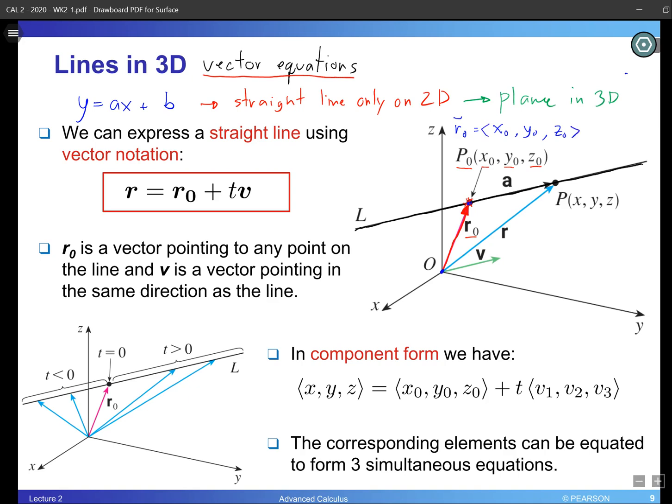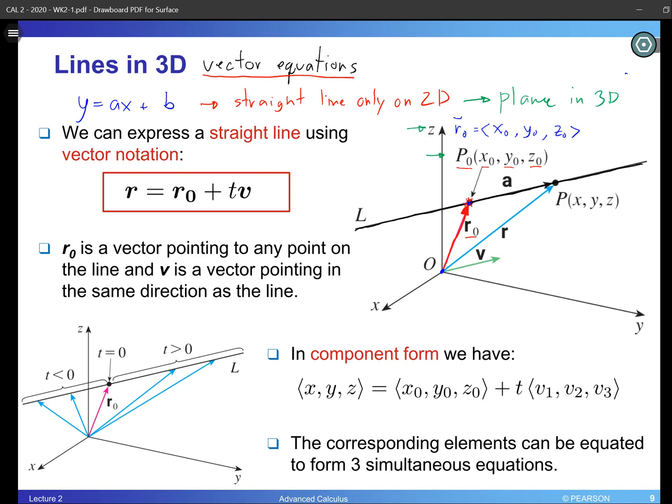Keep in mind that R0 and P0 look very similar to each other, but they are different things. P0 right here is a point, so we have these curved parentheses. This means a location in the space. But R0, what you see right here, is a vector, which is why we have these angled parentheses.